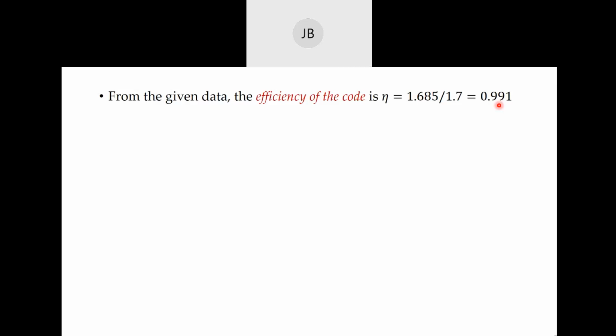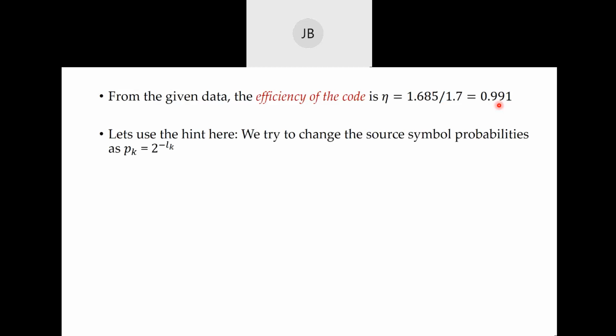So what is the intuition here? Let us vary the code word lengths. Then can we have a better efficiency? When the code word lengths vary, the entropy and the average code word length should also vary, right? Accordingly, the efficiency will also vary. So we use this hint and try to change the source symbol probabilities, that is, probability is equal to 2 power minus lk.